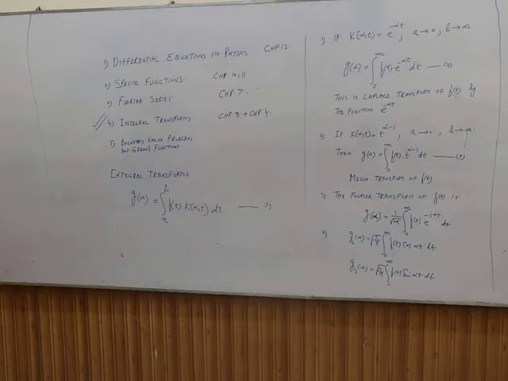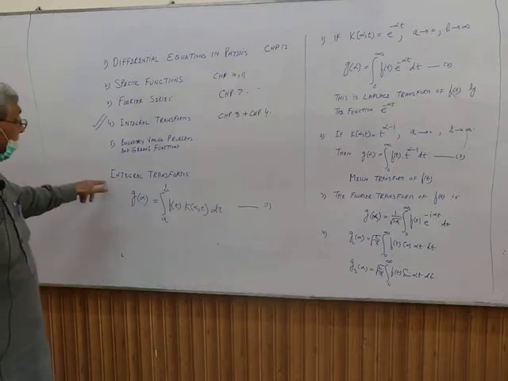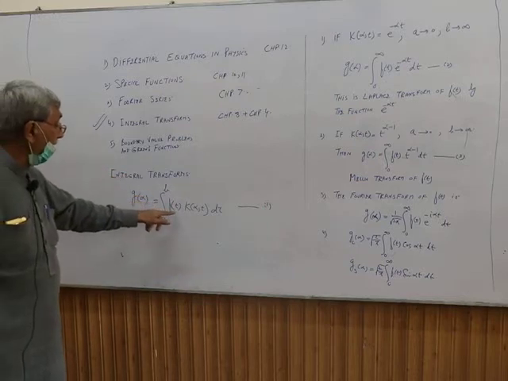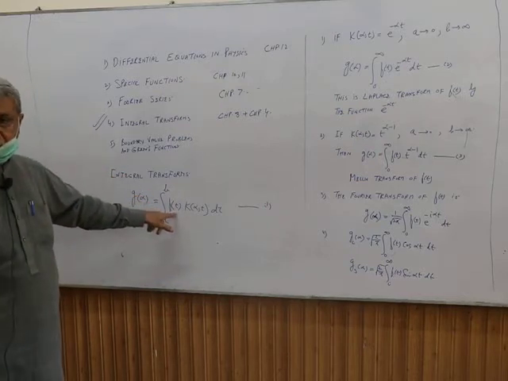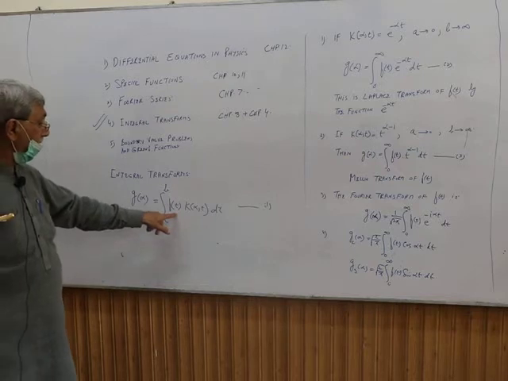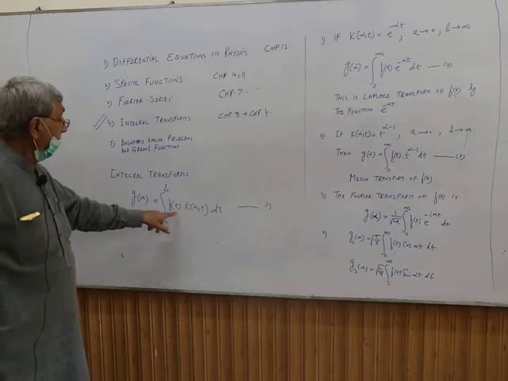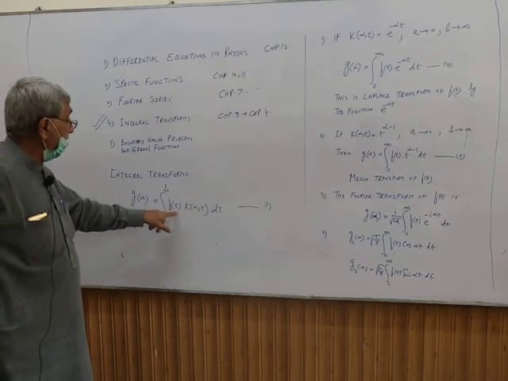Now, as is obvious from the name, transform means that something has been transformed to some other thing. Now, integral transform means that you are transforming a given function. I am emphasizing that we are transforming a given function f(t).